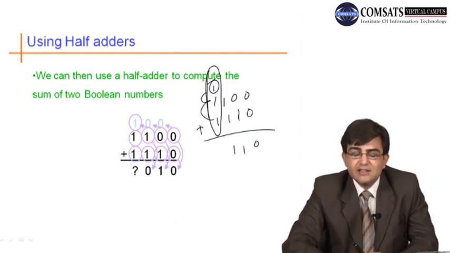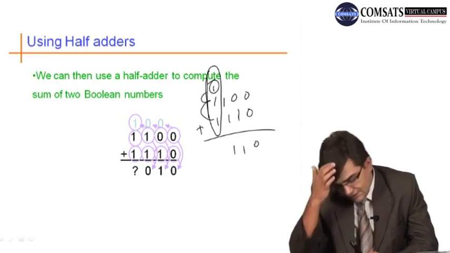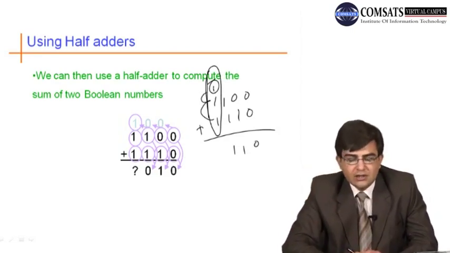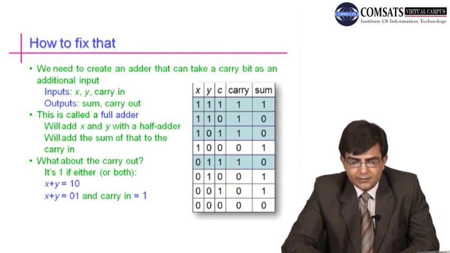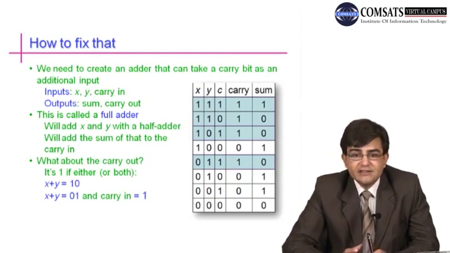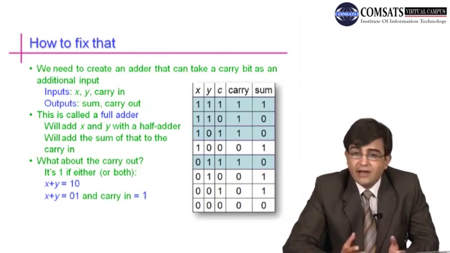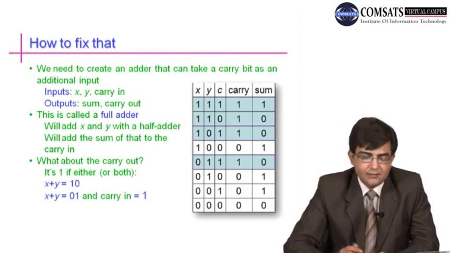We cannot add these three numbers by using half adder circuits, and to handle such a problem, we construct a full adder circuit which will add up three binary digits.